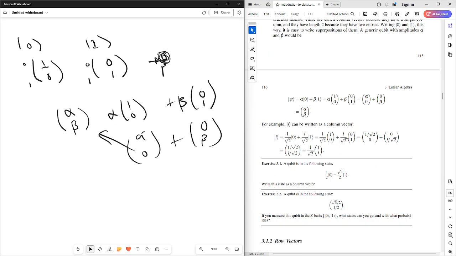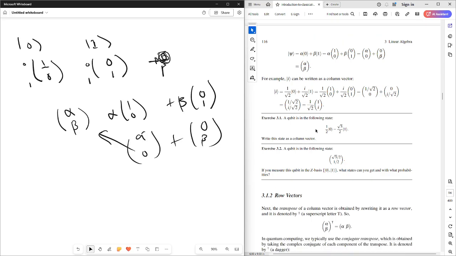All superpositions can be written as vectors. For example, we've got this one here in 3.1, that's just 1/2, square root of 3 over 2. There's a column vector form of that superposition.